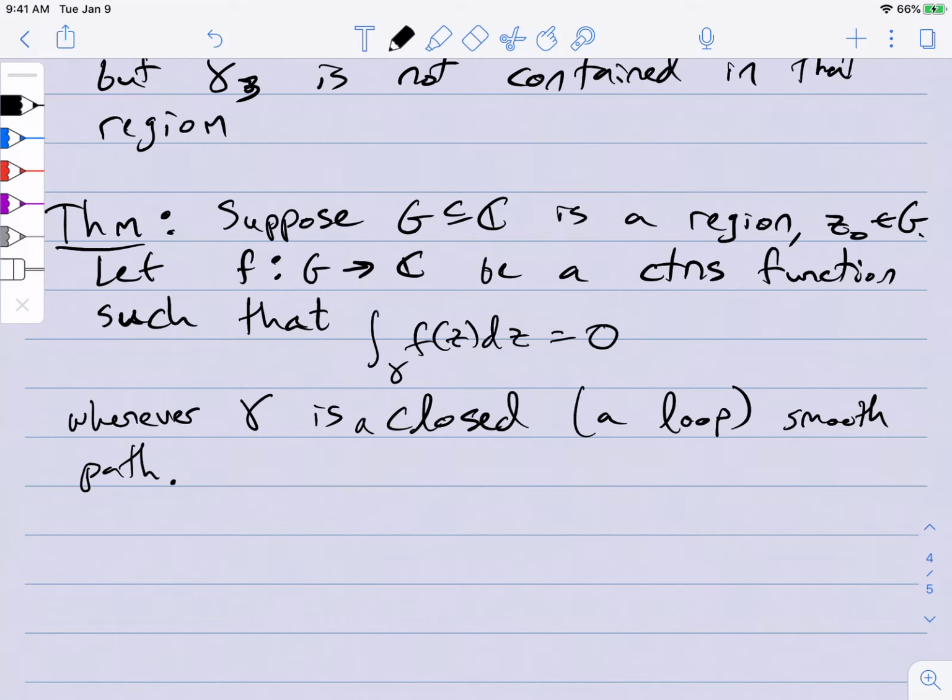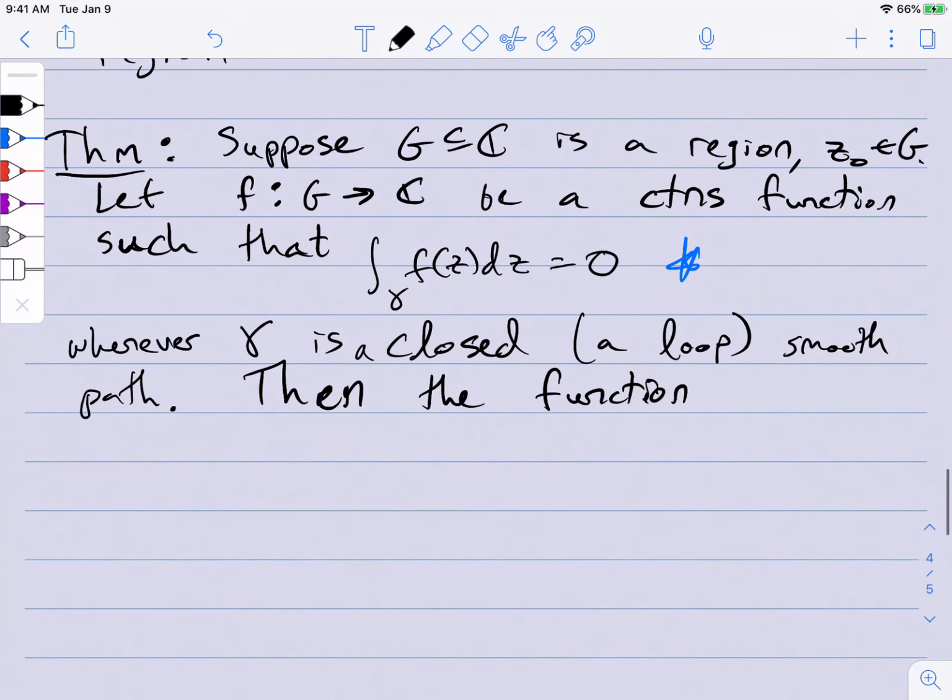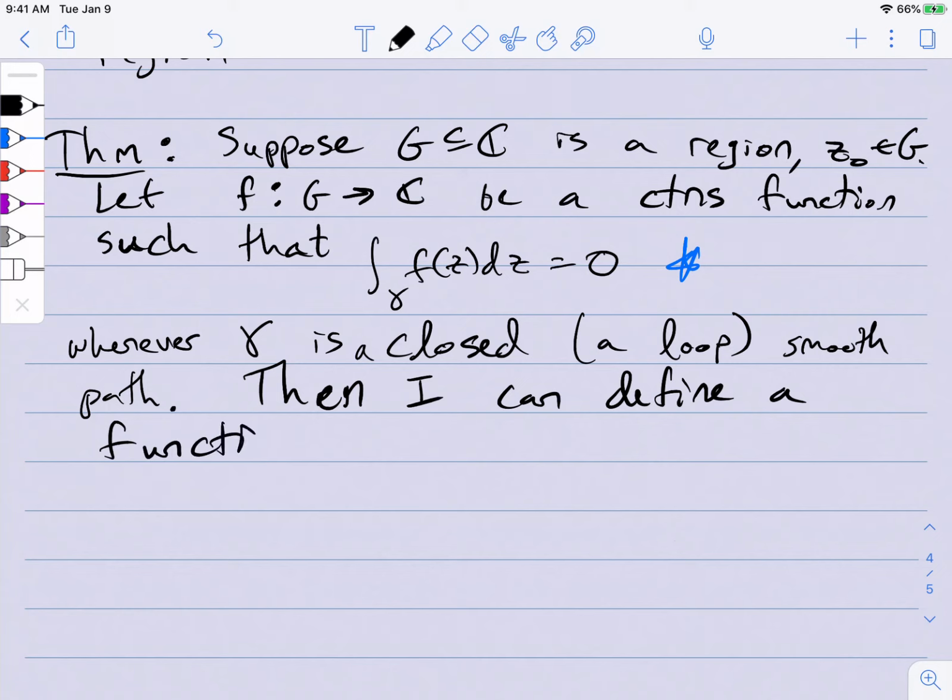Okay, so if this condition holds, that the path integral over any loop is 0, then I can use path integrals to define an antiderivative. So then I can define a function capital F, defined on the same region that little f is, as follows.